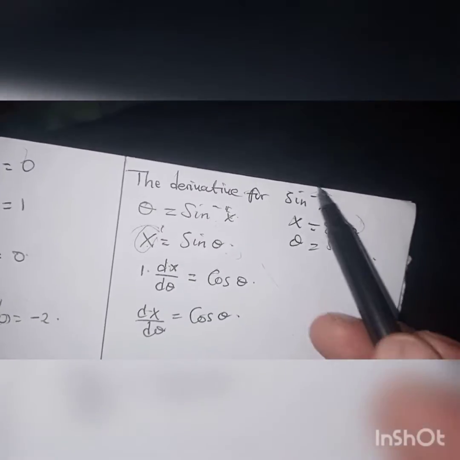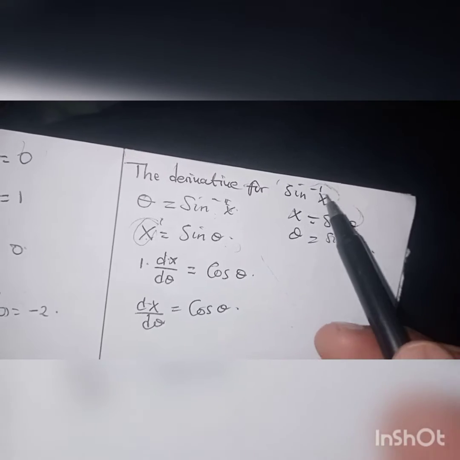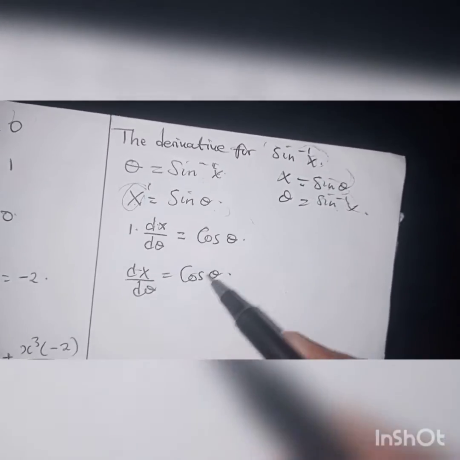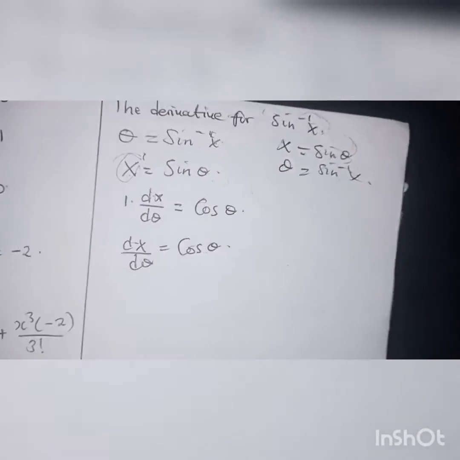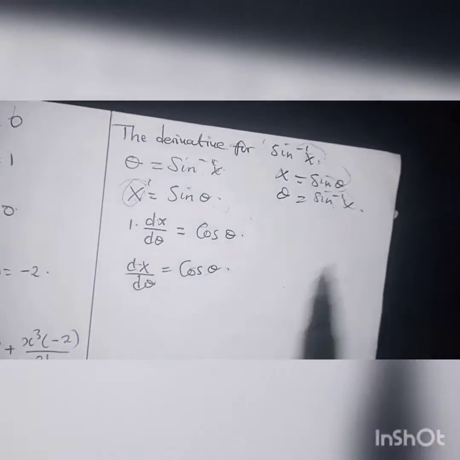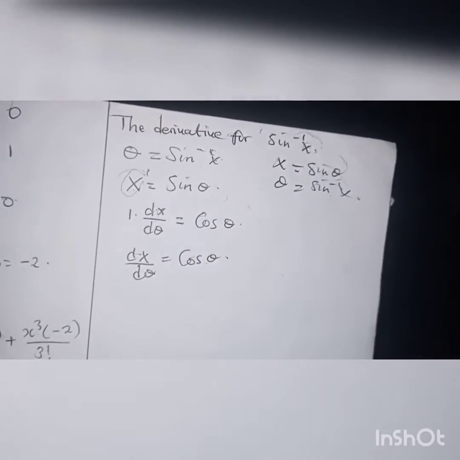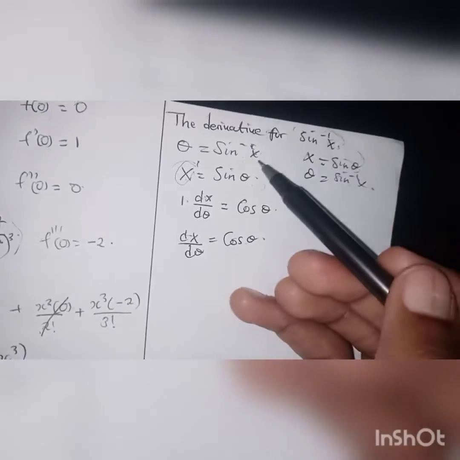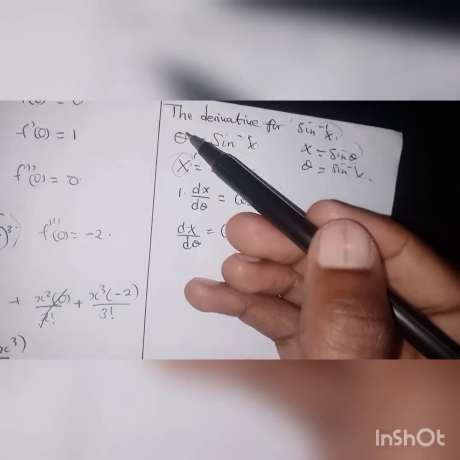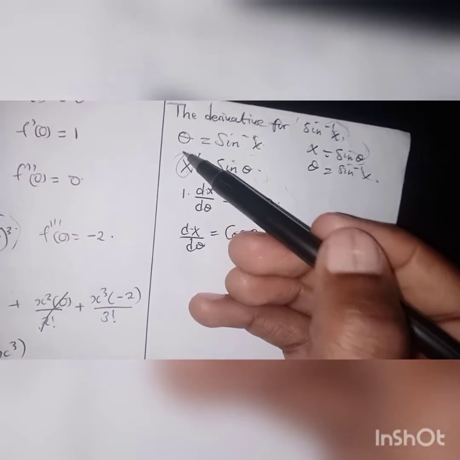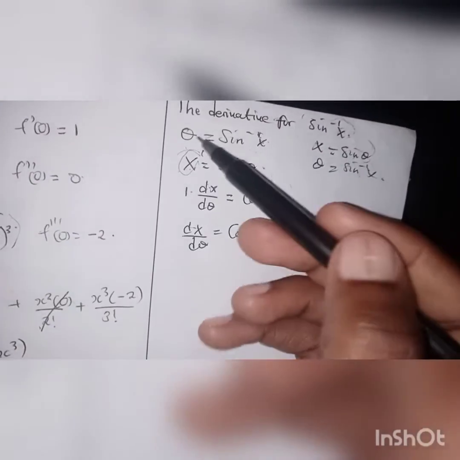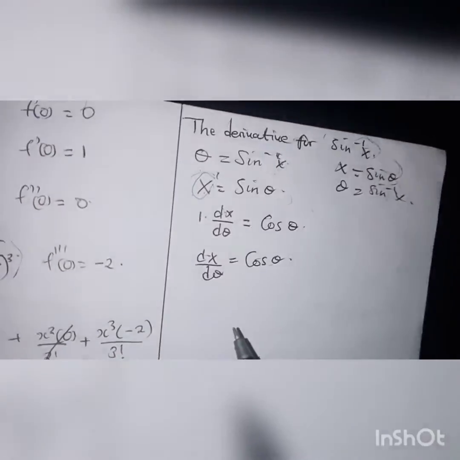But remember that our function was in terms of x and our derivative is in terms of theta. Can't you see there? This is not what we are supposed to write in that form. Also, the derivative was supposed to be d theta over dx, since we were differentiating this function in terms of x.